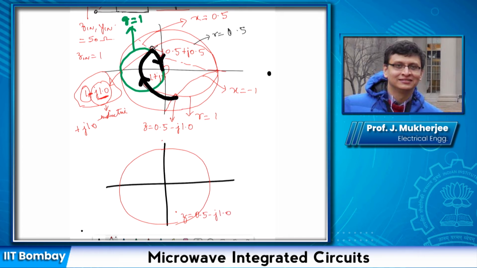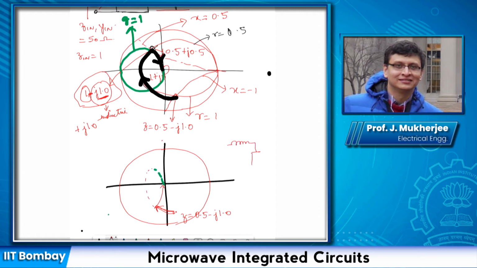I have to go here, so instead of going like this and then coming back like this, what can be done is, I go along a shorter path like this. So here I'm going upwards, so I will have to add an inductor in series.